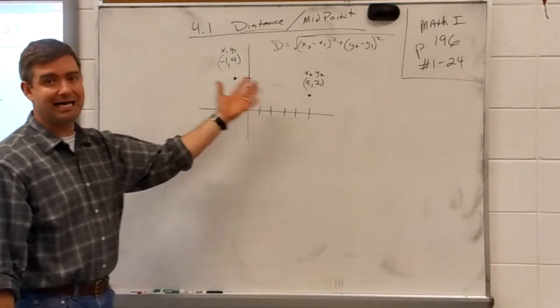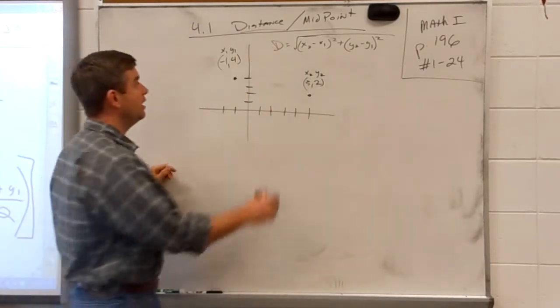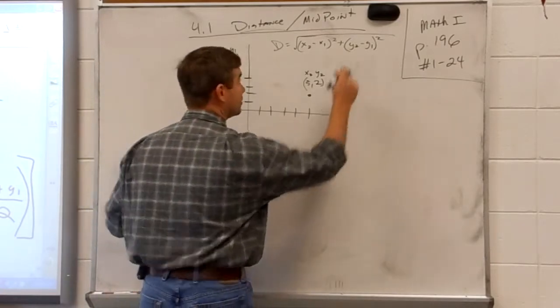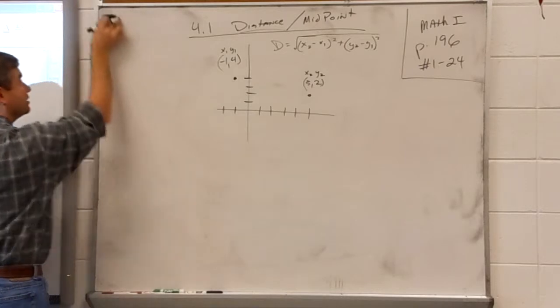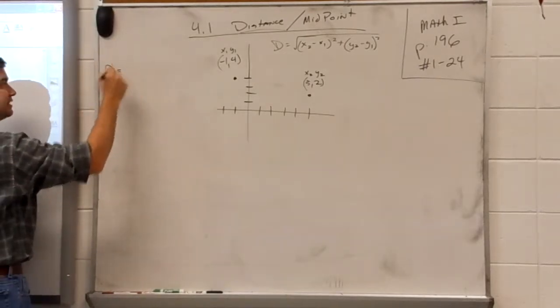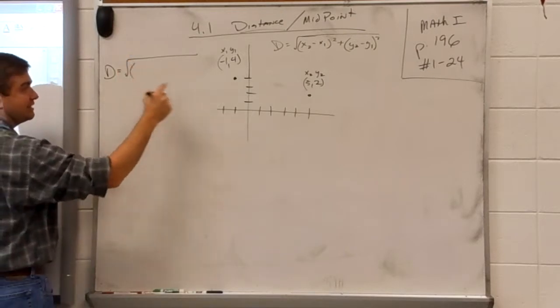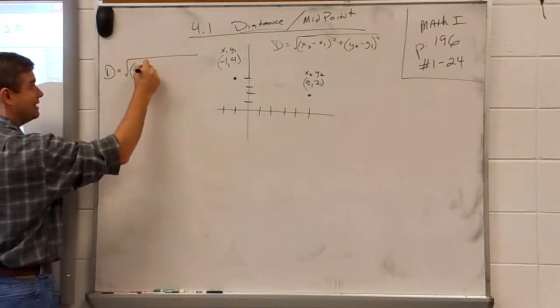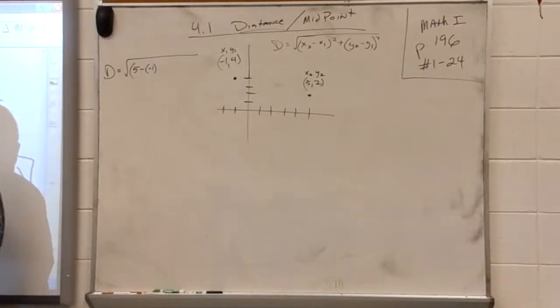Then, once you've assigned those, you simply plug those into the formula. I'm kind of out of room here, so I'm going to erase right here. D stands for distance equals the square root of, parentheses, 5 minus parentheses -1. Notice I have put the -1 in parentheses because it's negative.